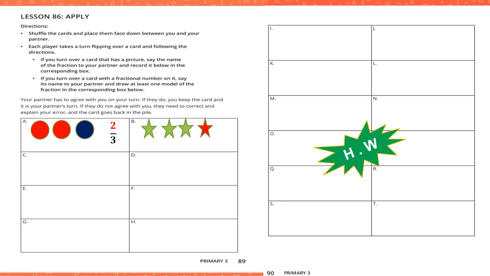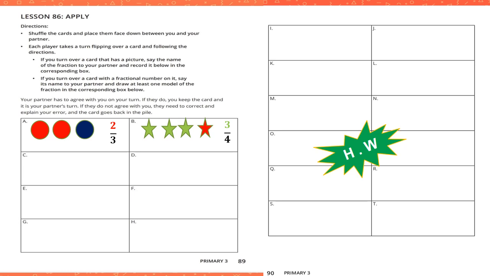Yes, 3 green stars, out of the total of the stars. All of the stars are 4. So the fraction here is 3 green out of the total 4, 3/4.